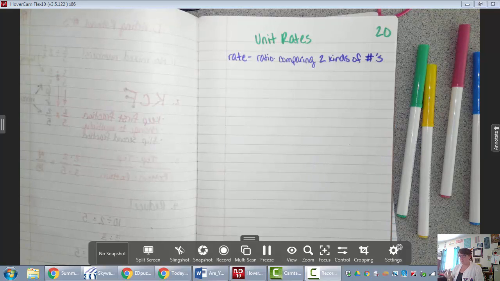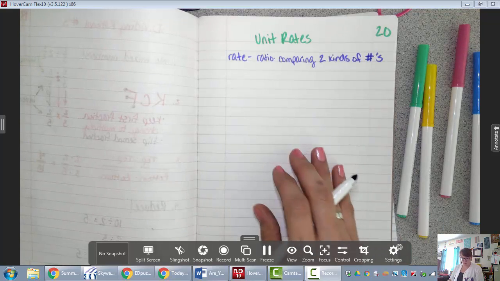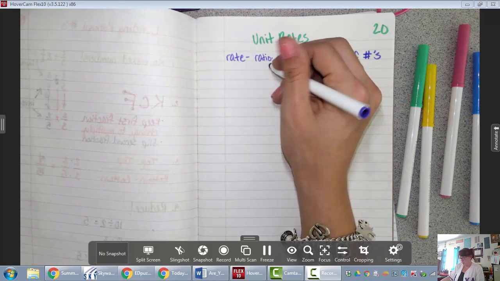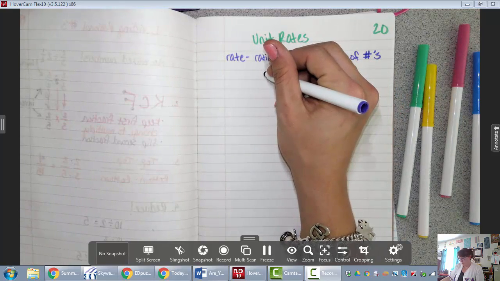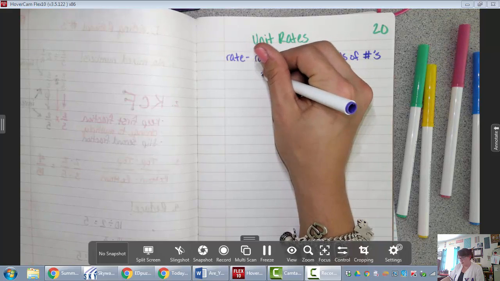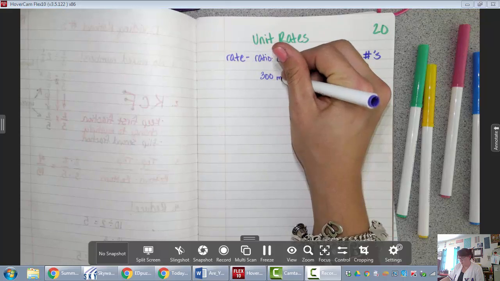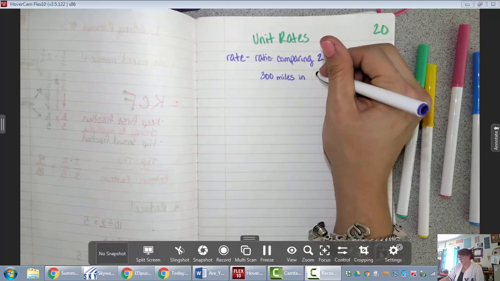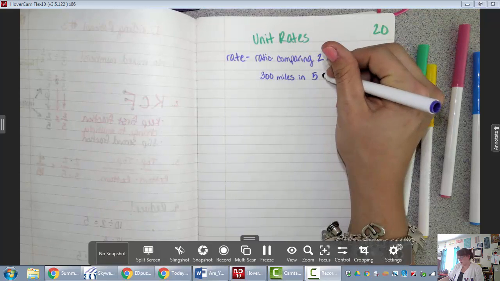An example is like miles per hour. So you're comparing your miles to your hours. So if I was going, I don't know, from your practice it was like 300 miles in 5 hours.